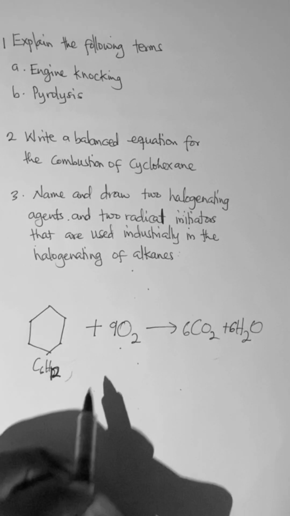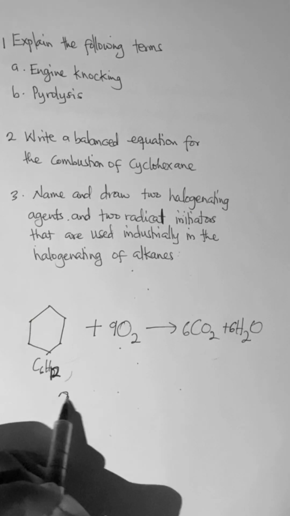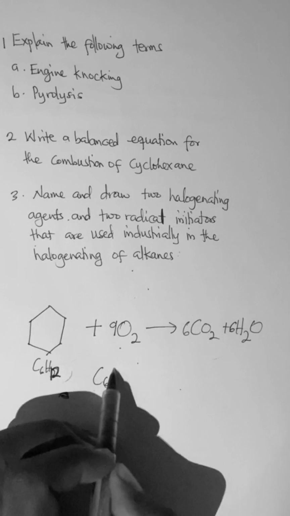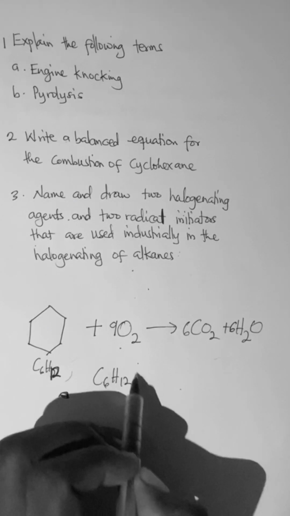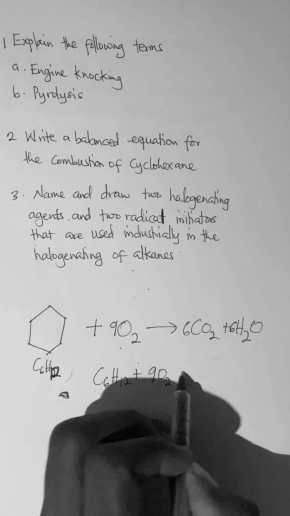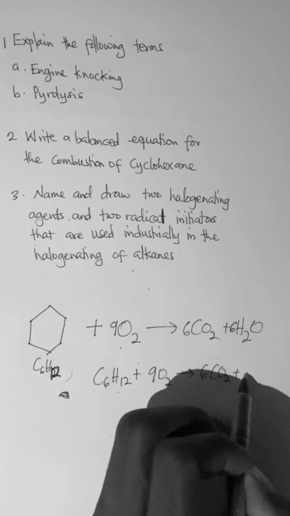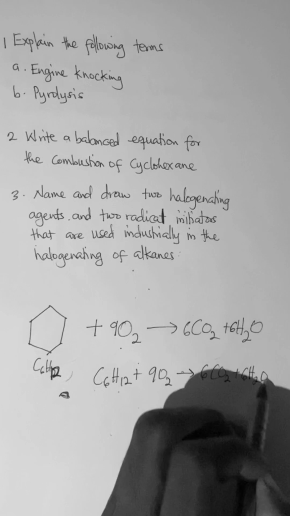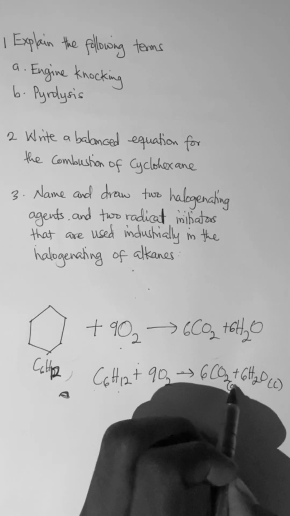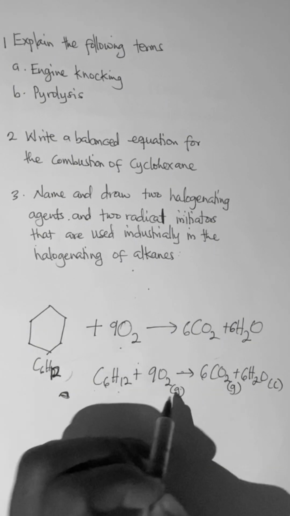So at the end of the day, the true equation is C6H12 plus 9O2, and that will give us 6CO2 plus 6H2O. This is a liquid, this is a gas, this is also a gas.